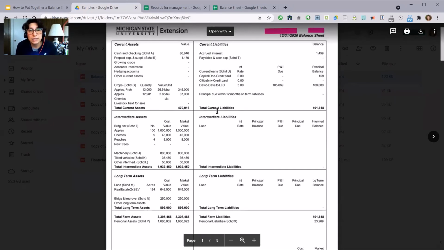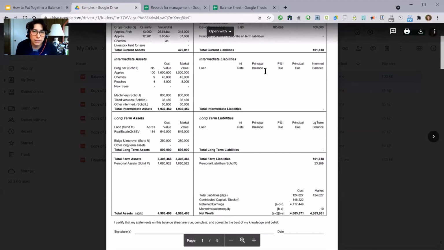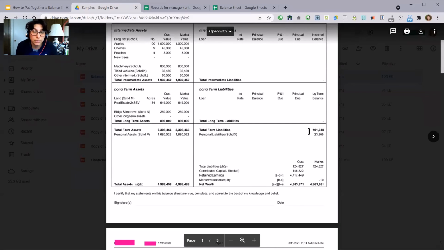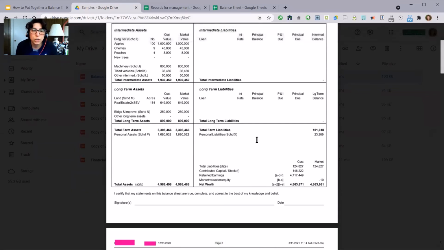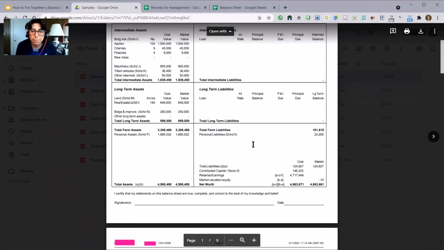And on the right side, current liabilities, accrued interest, current loans, intermediate liabilities, long-term liabilities, total liabilities, okay? So you can either do this yourself following the template, or we can put together something like this. If you think it looks nicer, we are happy to do that.